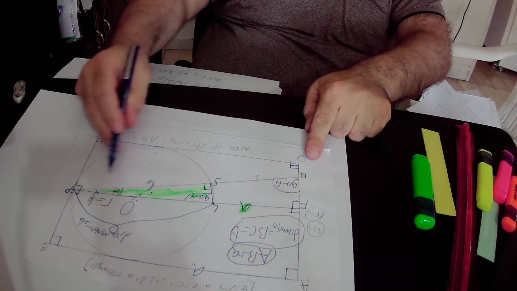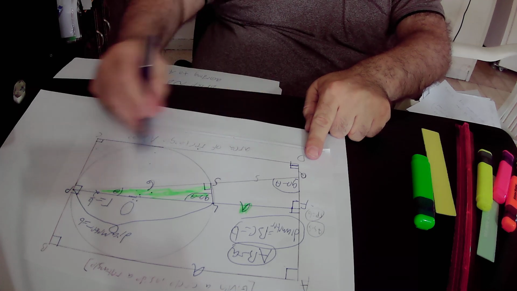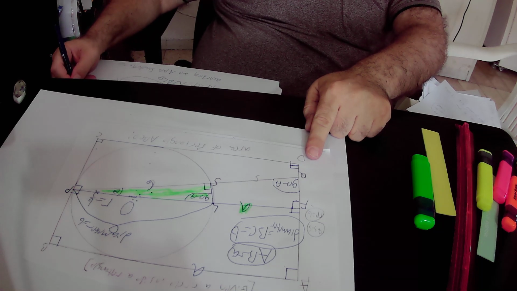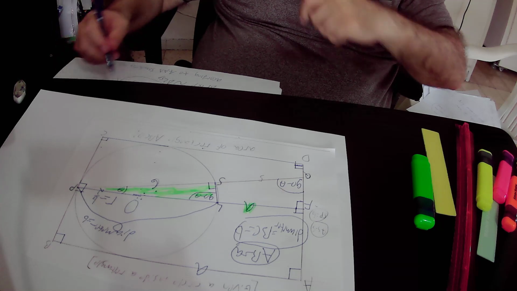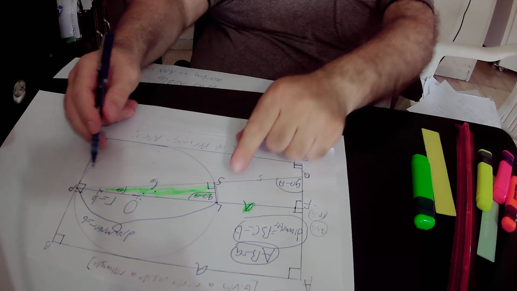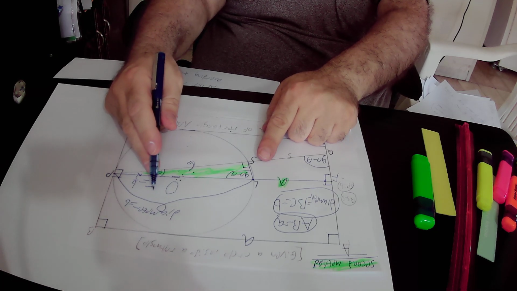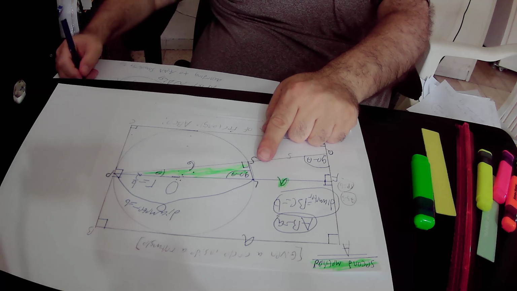QP equals 5 plus 6, that is 11. So we substitute QP by 11 over LP. LP, as I already mentioned here, is the diameter of this circle that is equal to B. So we substitute LP by B.